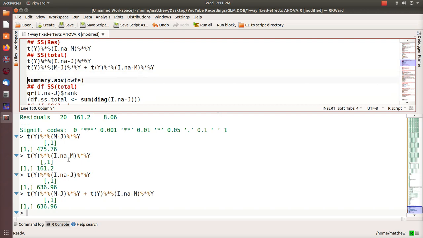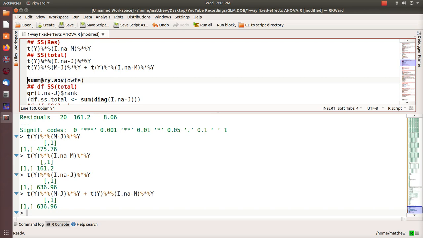Now the degrees of freedom. I'm going to reprint the R commands for the ANOVA table. But notice here I'm using summary.aov. Previously I didn't use the .aov because I stored the model in OWFE, which is one-way fixed effects, it's our model of tensile strength. And R knows that it came from those commands.